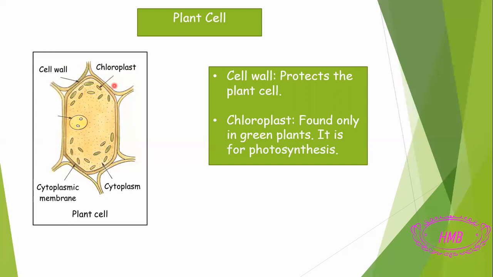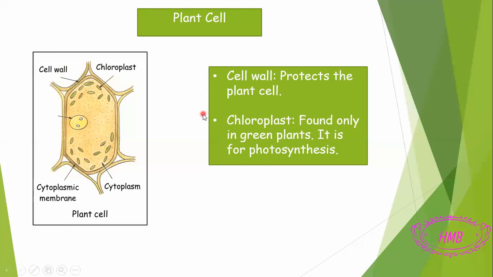They are chloroplast, which we find only in the green plants because only green plants make their own food in a process called photosynthesis. And the other part is the cell wall, which is an extra outer covering found only in the plant cell in order to protect their cells.